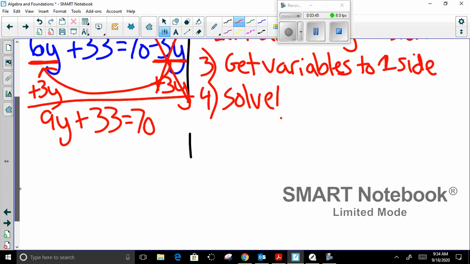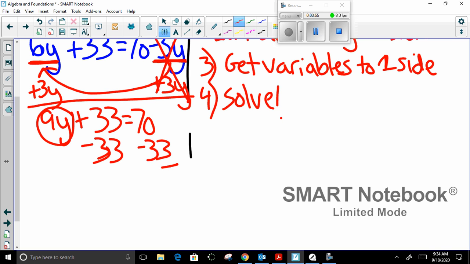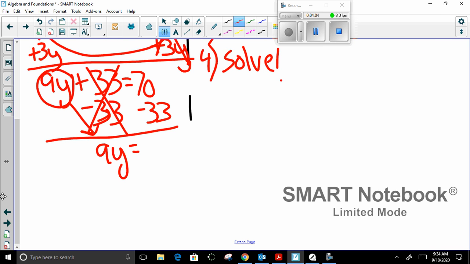So you're left with a basic two-step equation that you know how to solve. You can't touch anything with your y until you get everything else out of there. So get rid of the plus 33 by minusing 33. These cancel to 0, and I'm left with 9y equals 70 minus 33. What do we get?